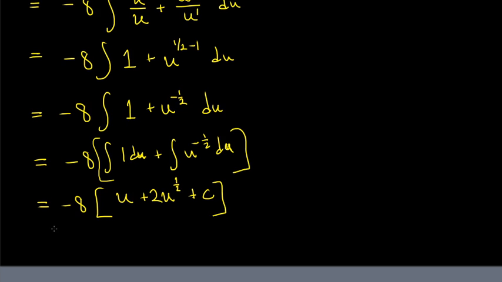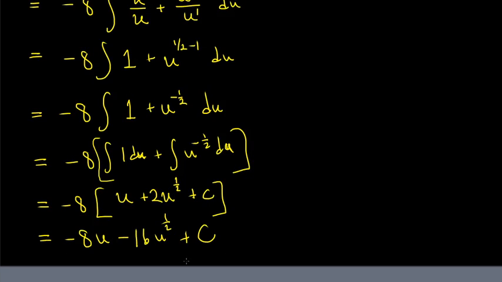And now just distribute the negative 8, right? So we're going to get negative 8 times u plus negative 8 times 2, so that's negative 16 times u to the 1/2. And then minus 8 times c, but that's still just a constant, right? Let's just call it capital C. So there you have it.